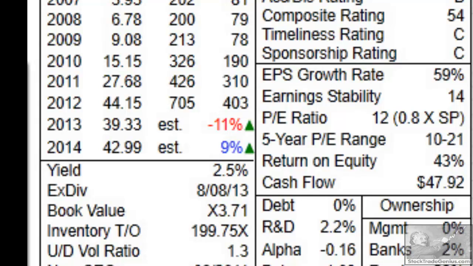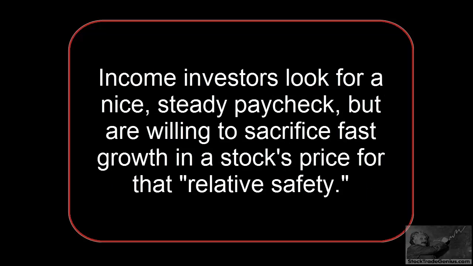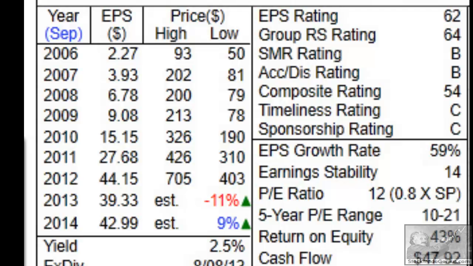That's a pretty important factor if you're looking for income. As a growth investor, though, we don't want you to ever invest in a stock just because of its yield. Because if the stock goes down 2.5%, you blew the whole yield for that entire year. You see what I mean? Apple stock can move 2.5% in a day. If it goes down 2.5% in a day, who cares if you get 2.5% a year? You're not getting any money.